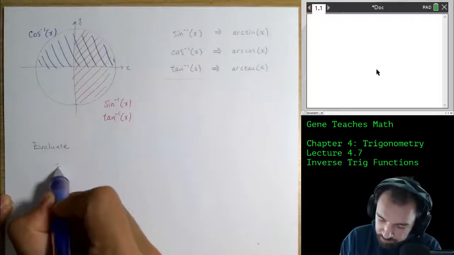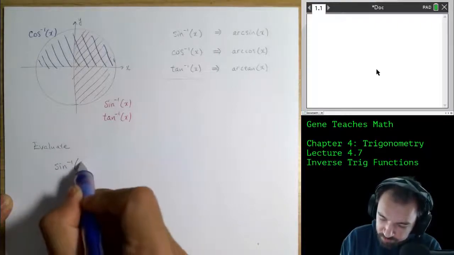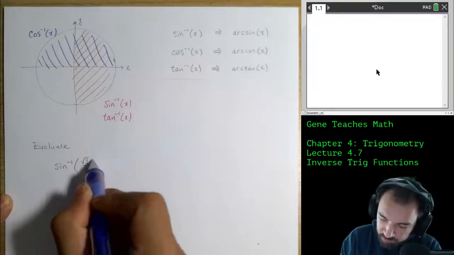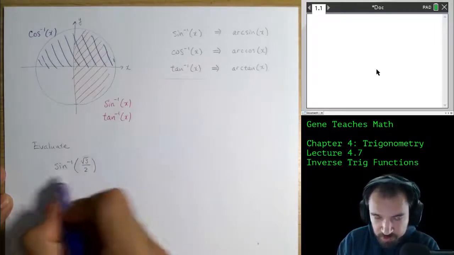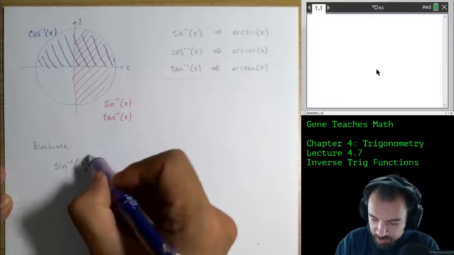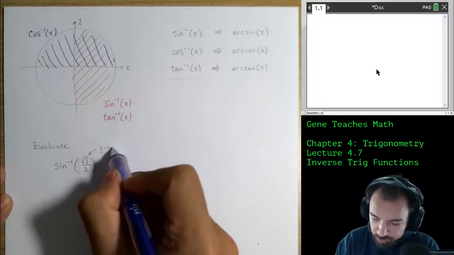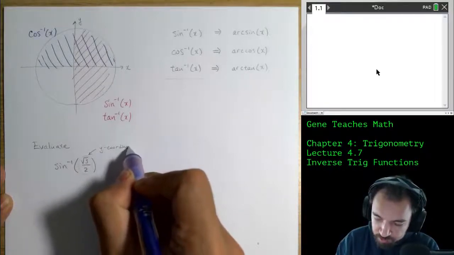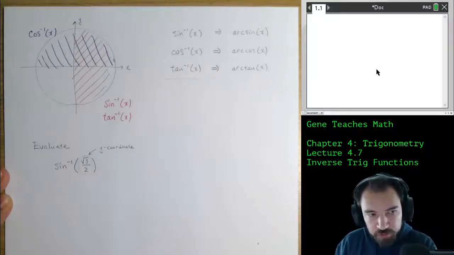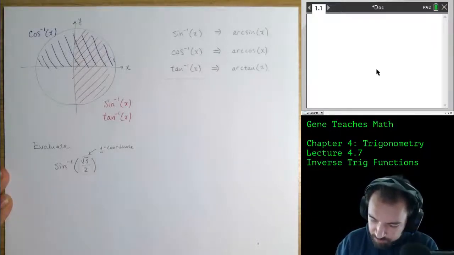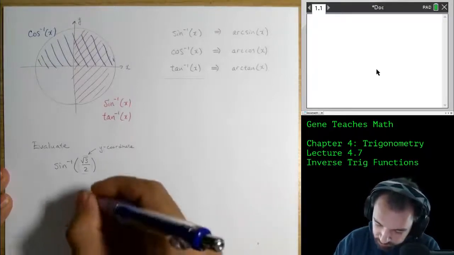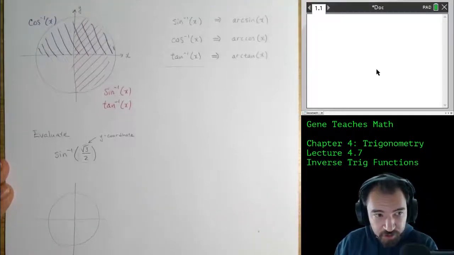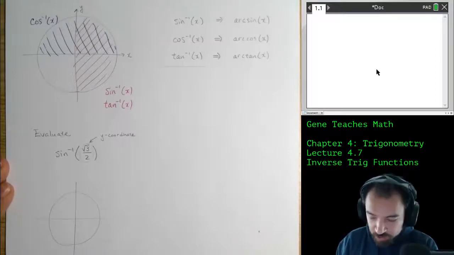First, I would like to evaluate sine inverse of root 3 over 2. So what this means, in the parentheses here, so I'm dealing with the sine inverse, this needs to be the y-coordinate in the unit circle, and I'm looking for an angle as my answer. So I can quickly sketch a crude unit circle and think to myself, where is the y-coordinate going to be root 3 over 2?